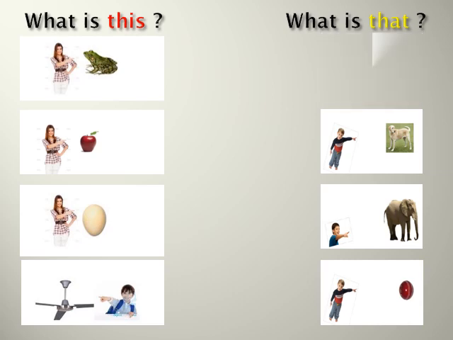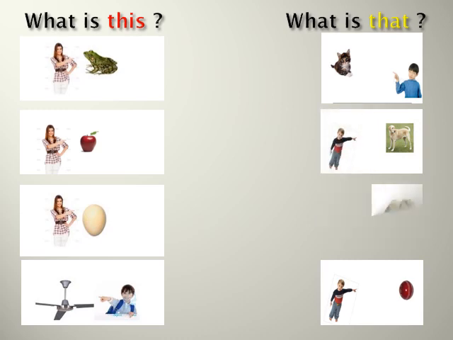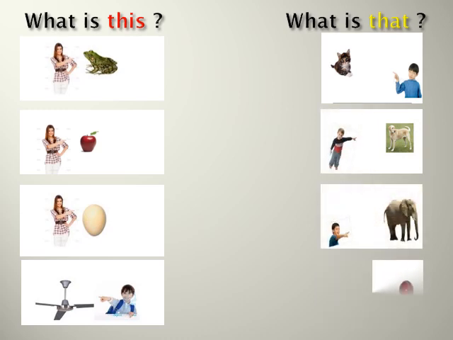Now look at the pictures on the right. The boy shows an object which is far from his hand. The distance between the hand and the object is somewhat big. So, this is the main difference between the two sets of pictures on the left and the right.